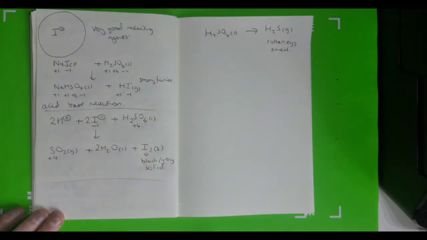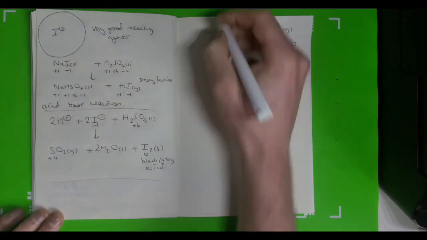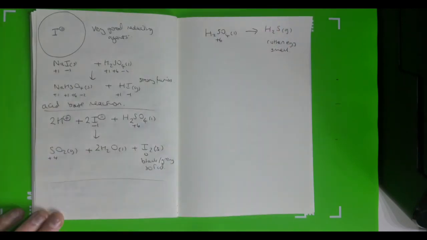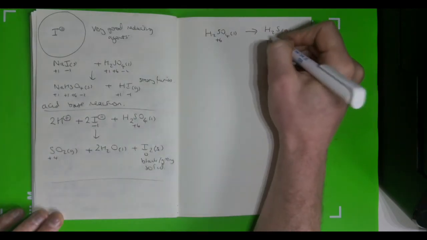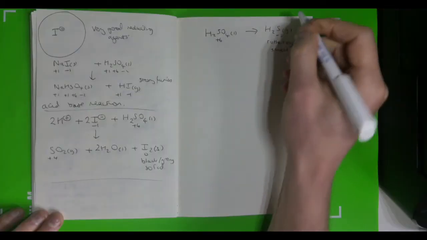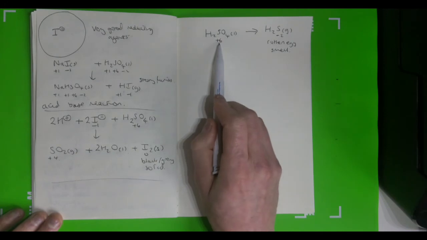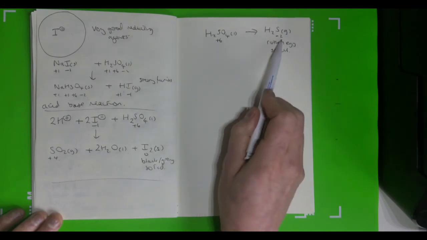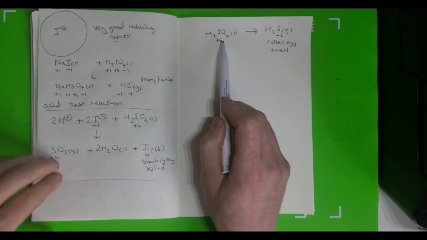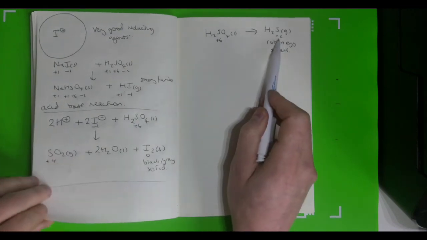Now let's have a look at the oxidation states of the sulfur before and after here. So we'll start off here as +6. And if we work out the oxidation state of sulfur there, because this is +1, there's two of them, so the sulfur here is -2. So it goes all the way from +6 to -2, which is a huge difference. So we're gaining loads of electrons there.